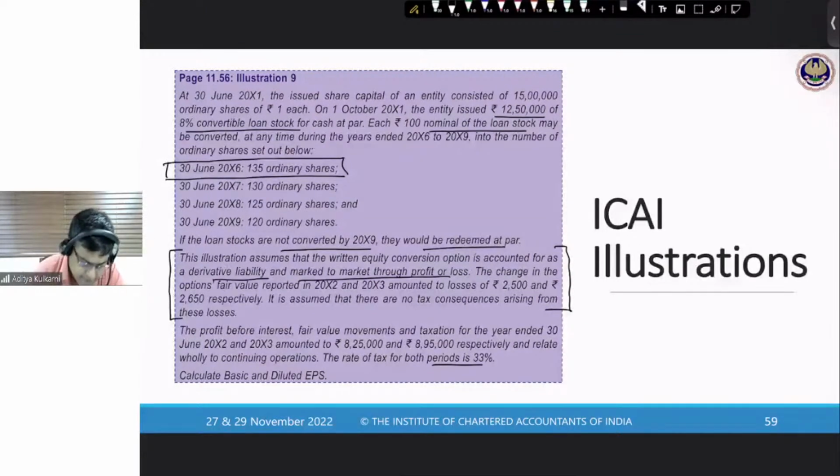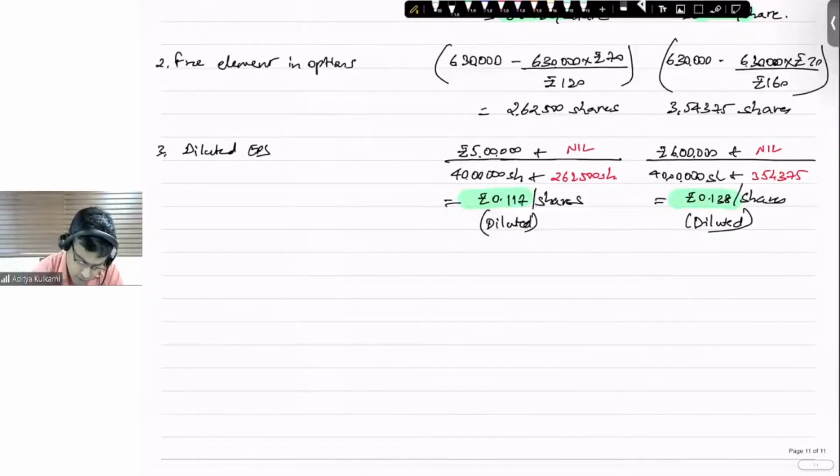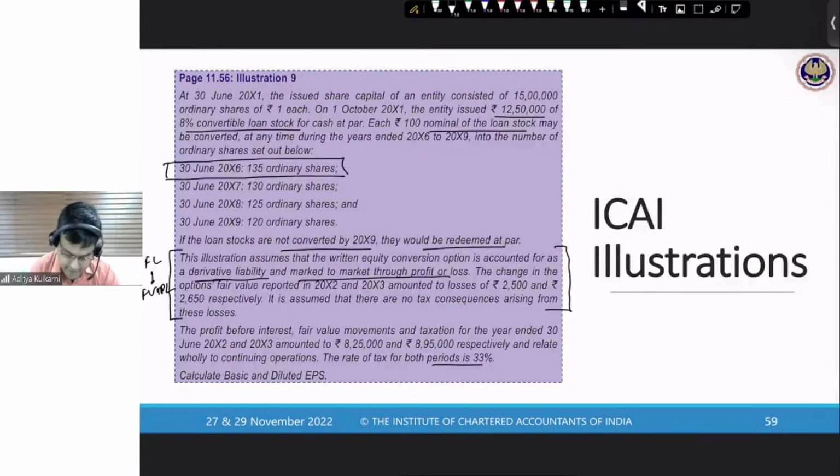It is accounted for as a derivative liability. So it is a financial liability. Since it is accounted as a financial liability, they are fair valuing it through P&L, which is what they have said when they say that it is marked to market through profit or loss. That means they are using fair value through profit and loss as the principle for valuation.